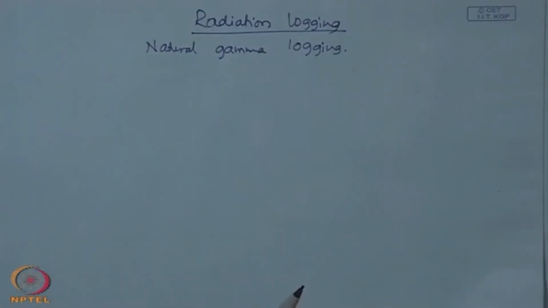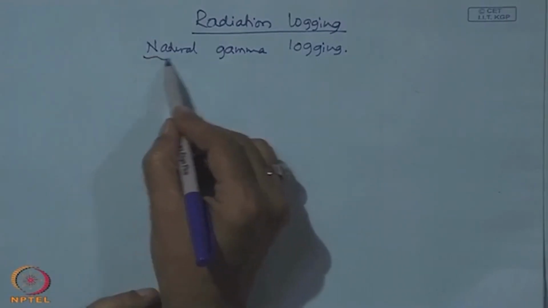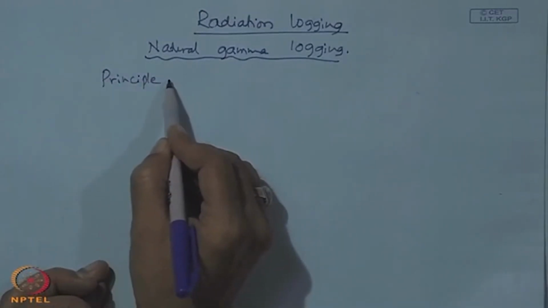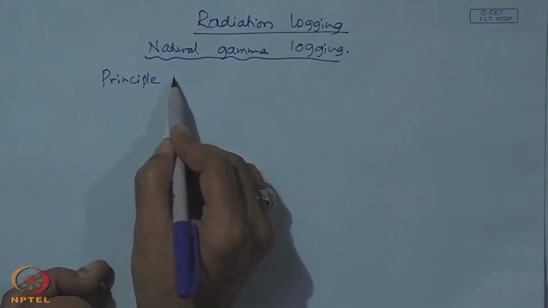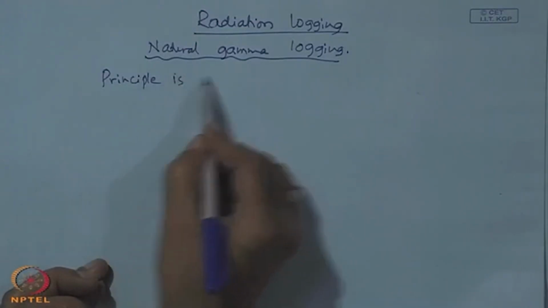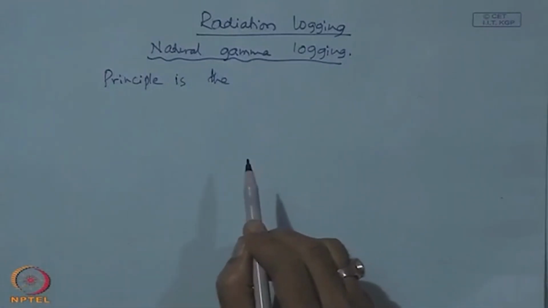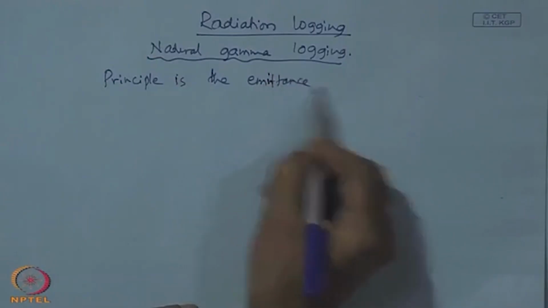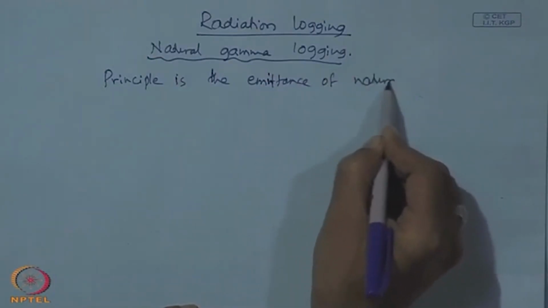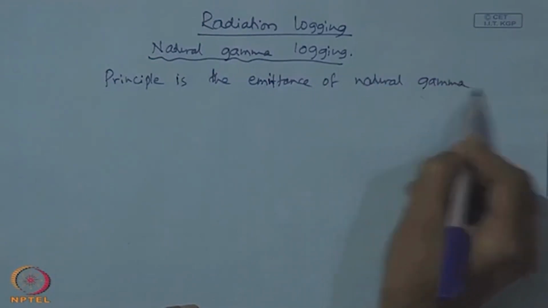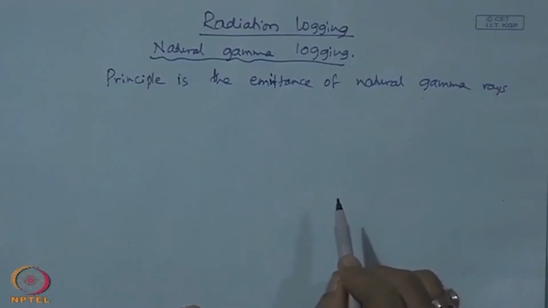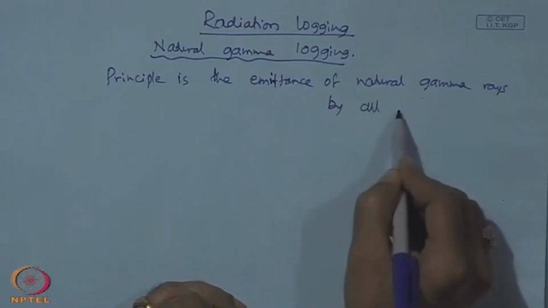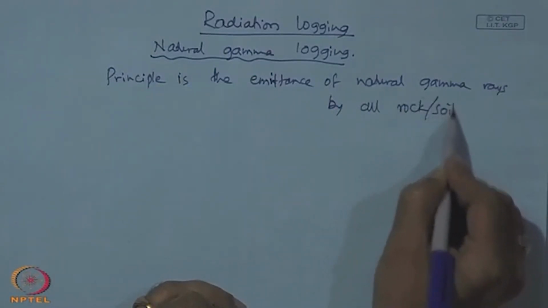This is based on the principle of the emittance of natural gamma rays by all rock soil formations.